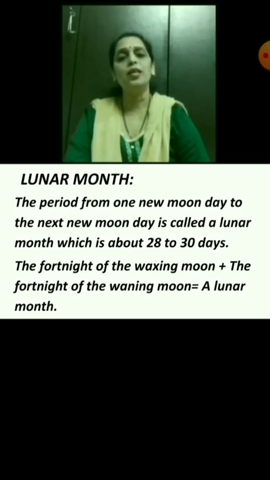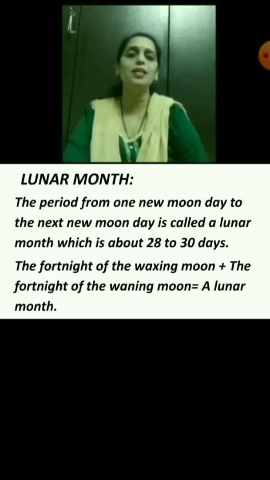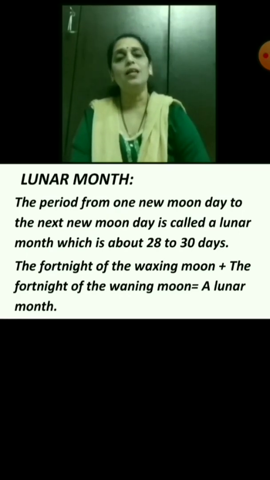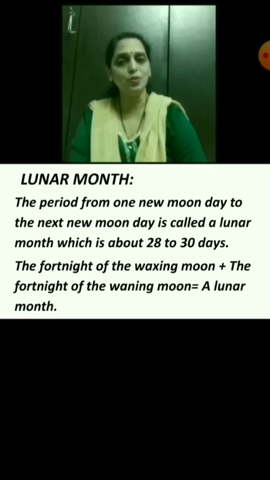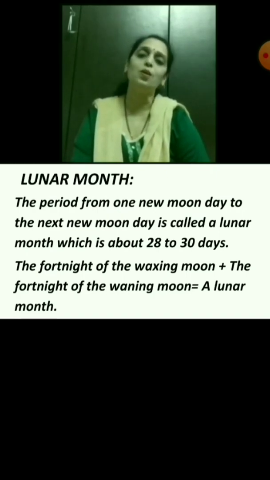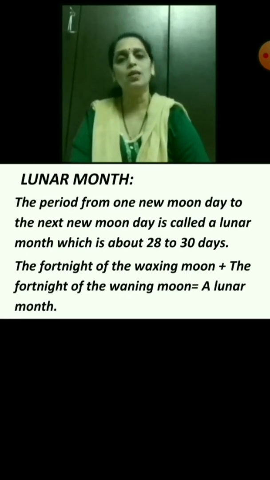Means fortnight of waxing moon, 14 to 15 days, plus the fortnight of waning moon, 14 to 15 days. Means 14 plus 14 is equal to 28 days, and 15 plus 15 is 30 days. So 28 or 30 days is a lunar month.